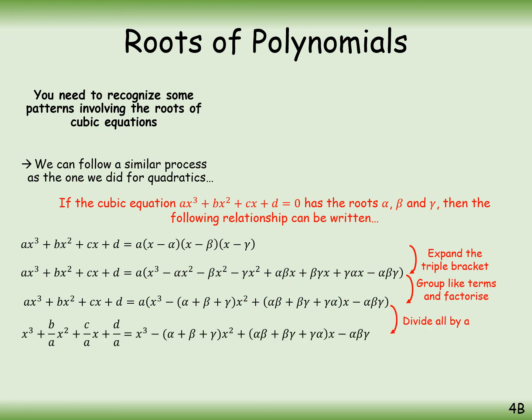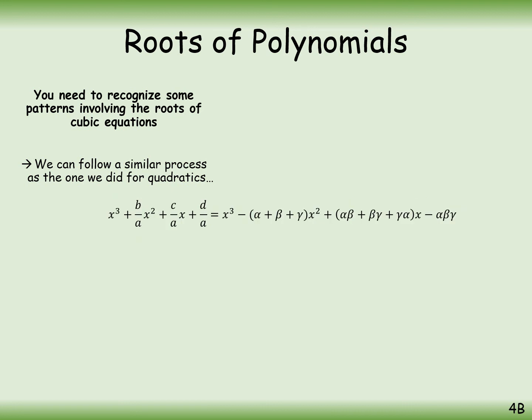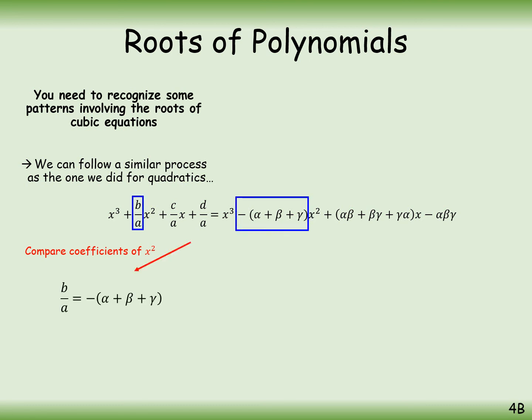So now if we divide all by a, it simplifies down to this. So now, if we compare the coefficient of x squared, b over a equal to minus (alpha plus beta plus gamma), or minus b over a equal to alpha plus beta plus gamma. So the sum of the single roots is minus b over a.